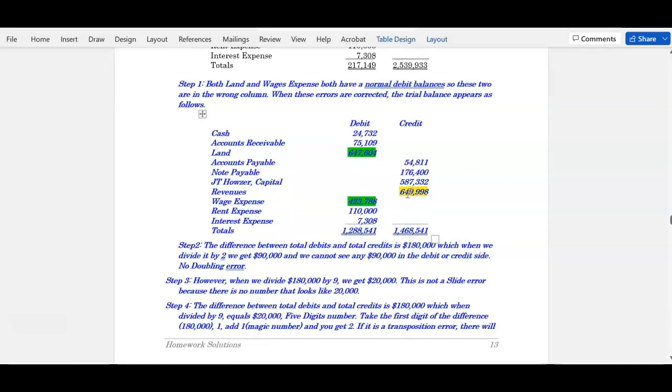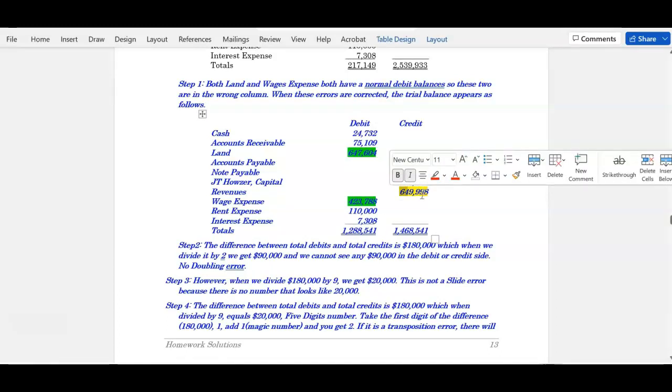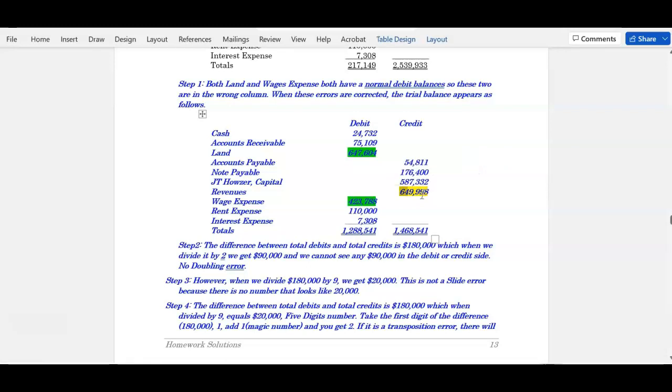How about this one? If I change this 6 and 4 and make it 469,998, that will reduce this number. If this number is reduced to 469,000, then this balance will be reduced. Do you want to reduce this number? Of course. That's your idea, right?